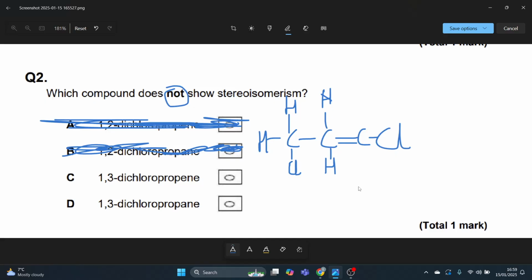I need 2 more hydrogens. I feel like I've done something wrong here.